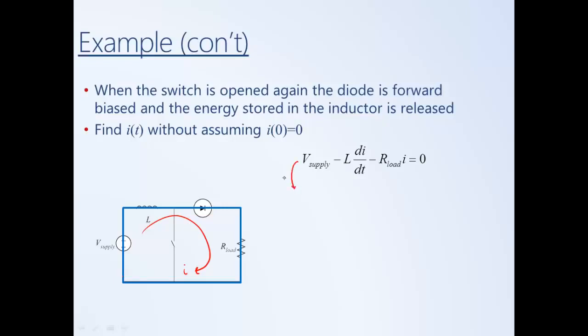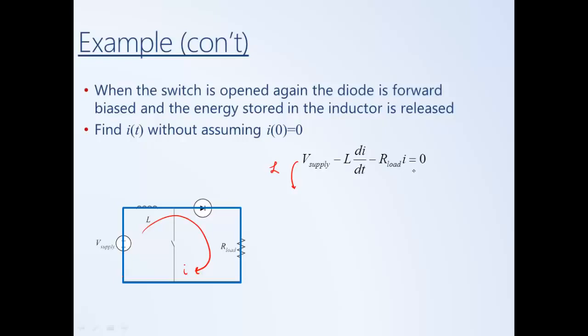Follow the same process. First we take the Laplace transform. This is just a constant, so it becomes E over S. This has the same form it did in the previous case, where the Laplace transform of the time derivative will be S times I of S minus I of 0. And when we take the Laplace transform of this term, R load is just a constant.